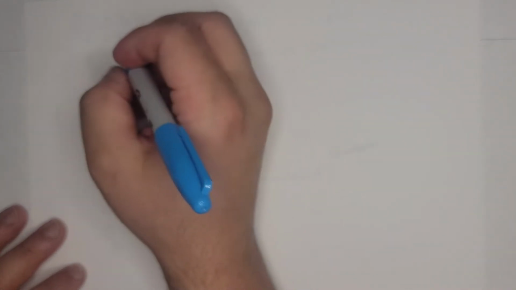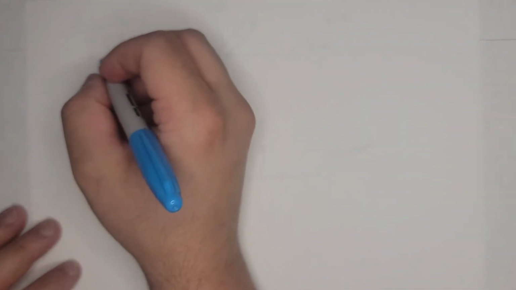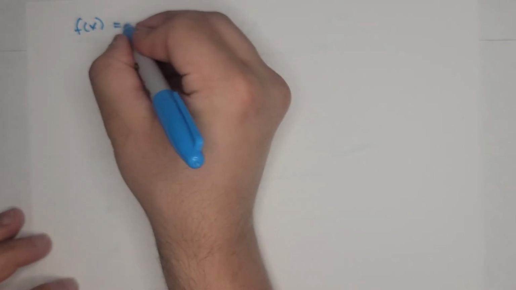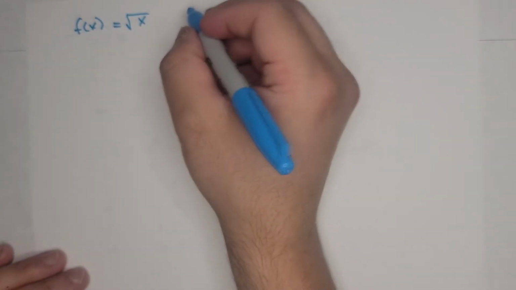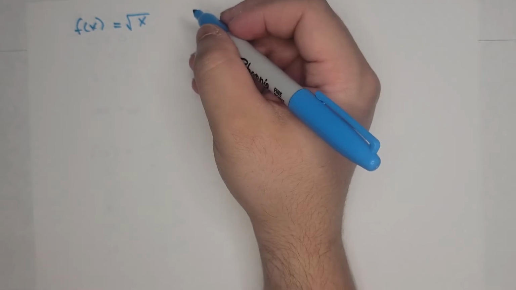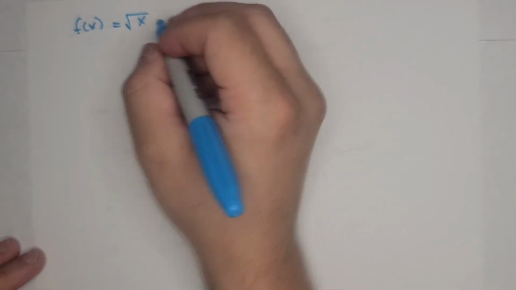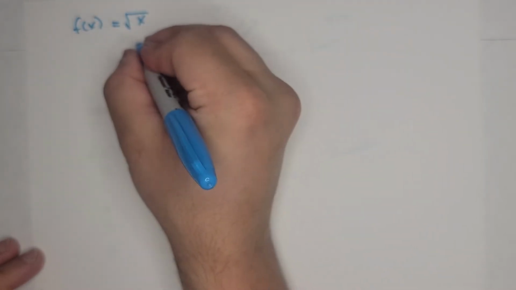Let's do the next one. f of x is equal to root x. And when we do this, let's just start plugging in some numbers.